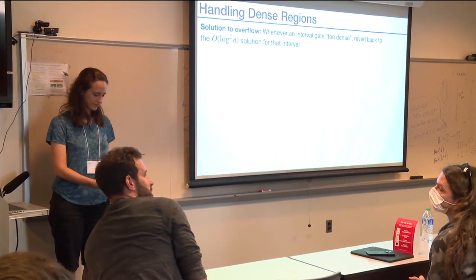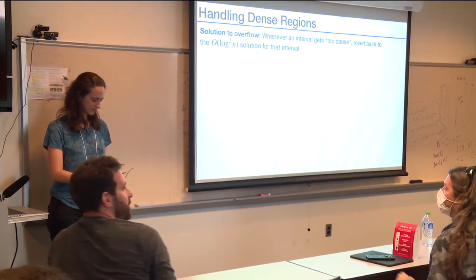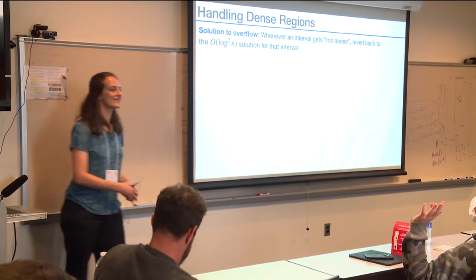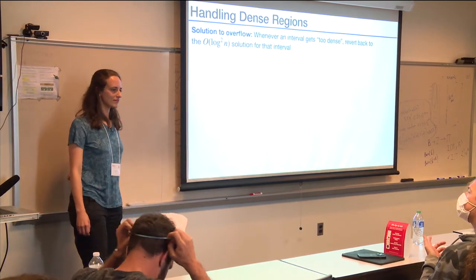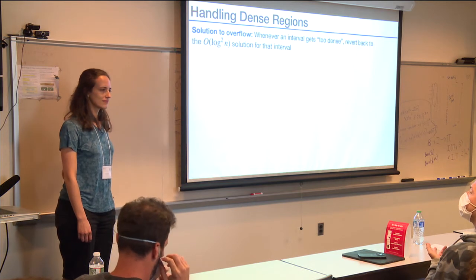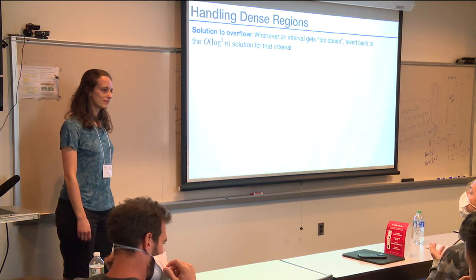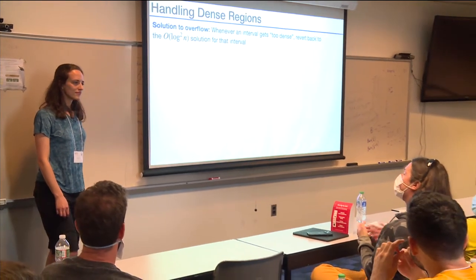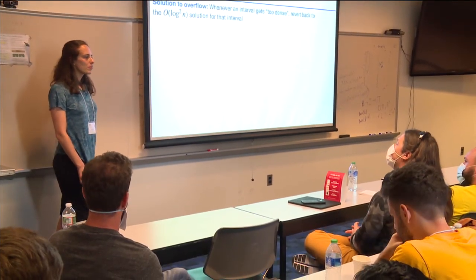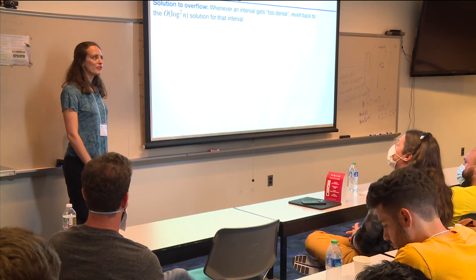More questions for Nicole? So the lower bound, it seems that it should work also when the elements just come from a uniform distribution over a segment. Is that true? What do you mean uniform over a segment?